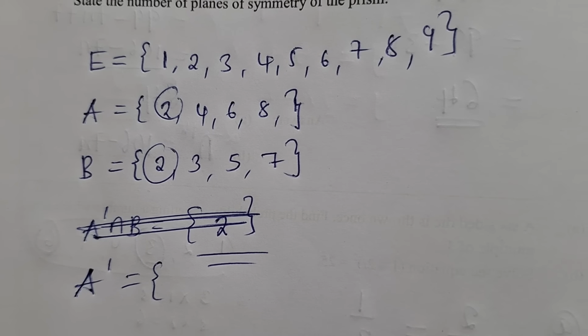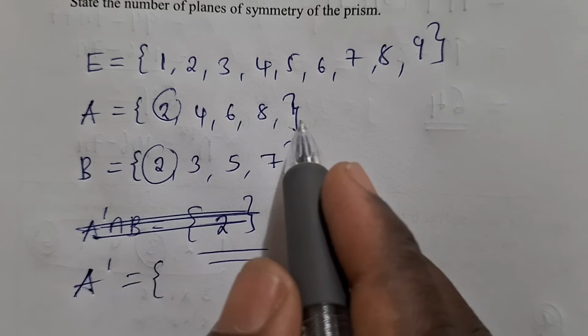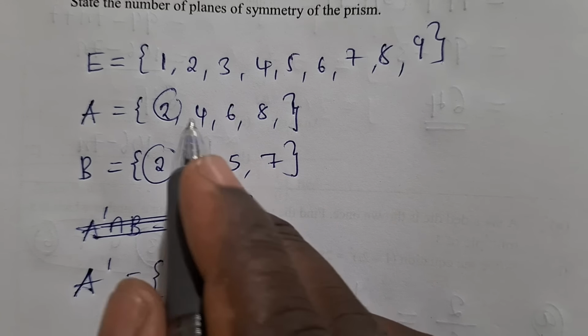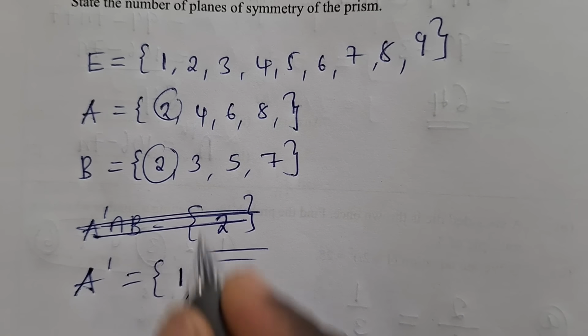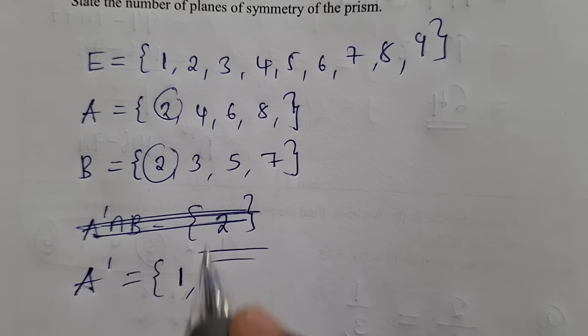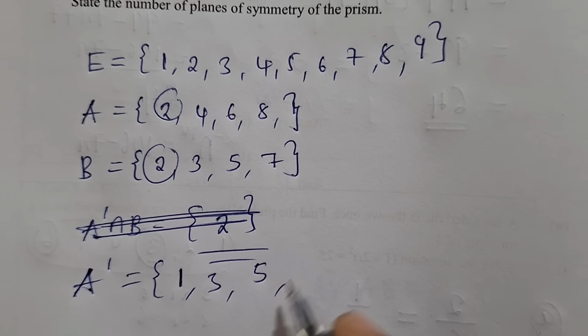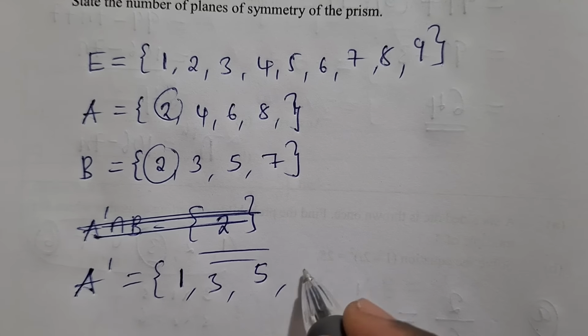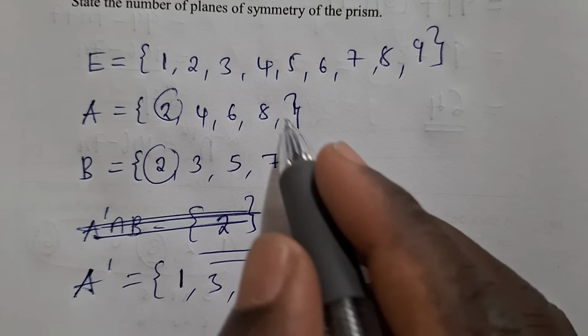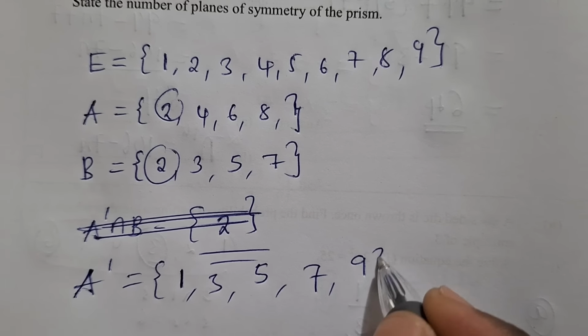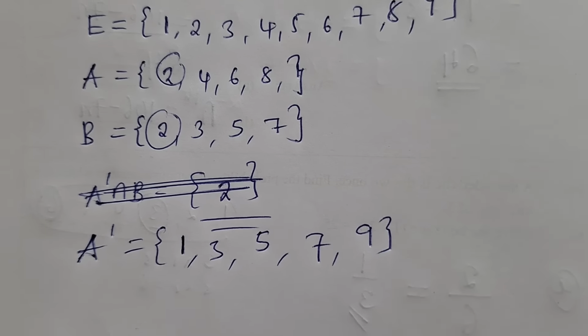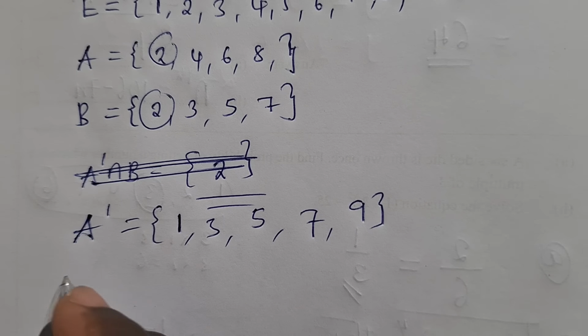We haven't gotten A complement. So A complement, you go to A and list the elements which are not found in set A. 1 is not in set A, 2 is there, 3 is not in set A, 4 is there, 5 not in set A, 6 is there, 7 not there, 8 is there, 9 not there. So we're getting the elements which are not found in set A.